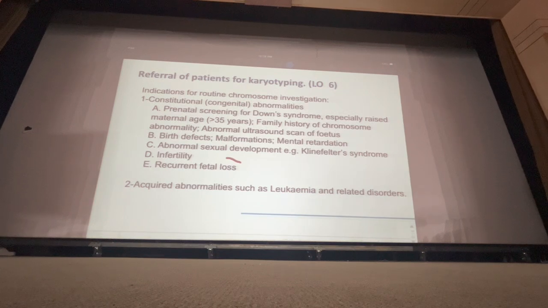If you see there is something abnormal in these, you can order karyotyping.